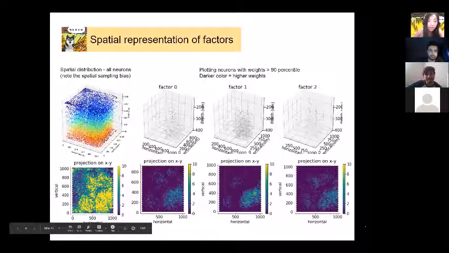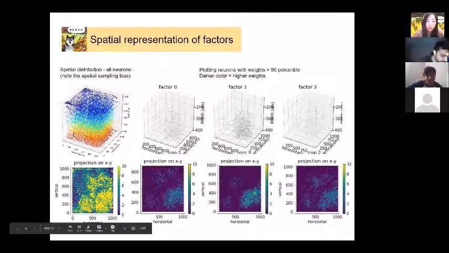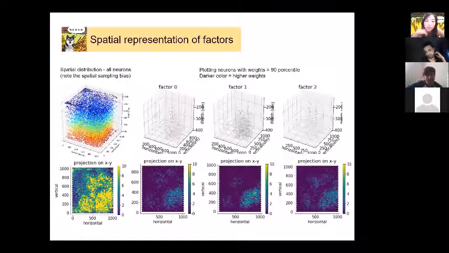Okay, so here I set the factor number to 3 just because it's easy to visualize, and we wanted to visualize each neuron's weight for each of the factors in physical space. The assumption is that neurons with big contributions to the same factor may be close to each other, meaning they're likely to belong to the same assembly. Here is a spatial representation of all neurons with colors corresponding to the depth of the neuron in the cortex. If I project them onto the XY plane, you see a 2D histogram like this.